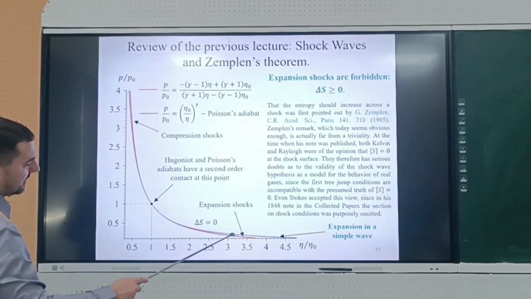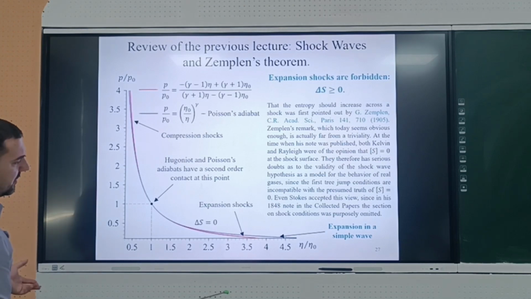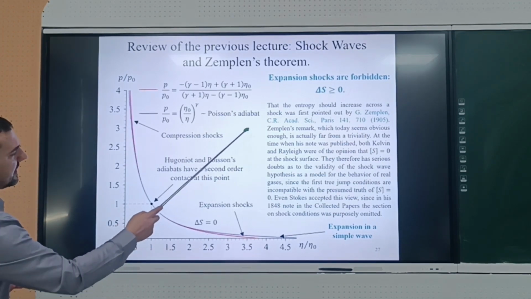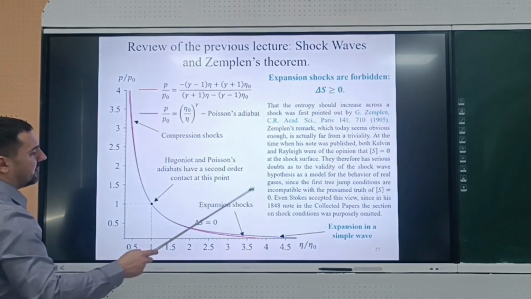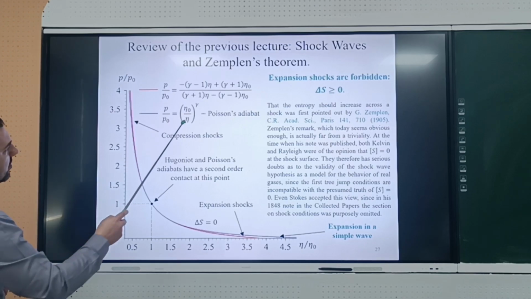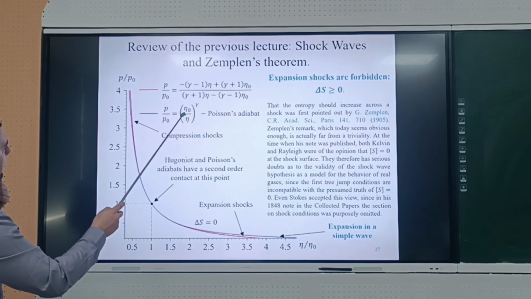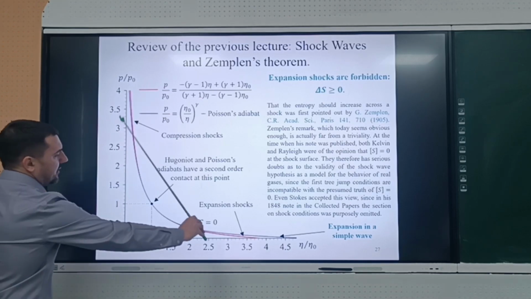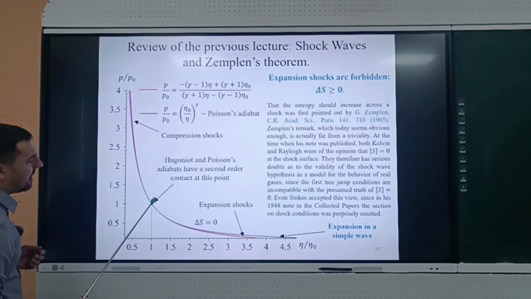And it goes to negative pressures, and we discussed that that's wrong. We said that only processes with delta S greater than or equal to 0 are possible. Then we plotted this blue curve corresponding to the Poisson adiabat, and only states higher than this blue curve are possible. That is why this red curve is forbidden.